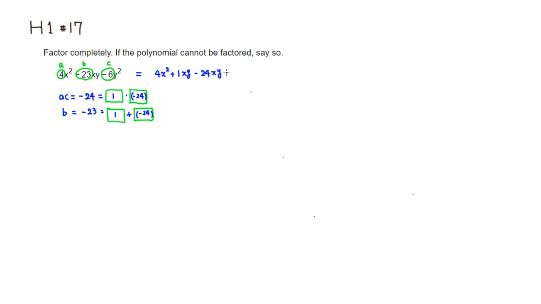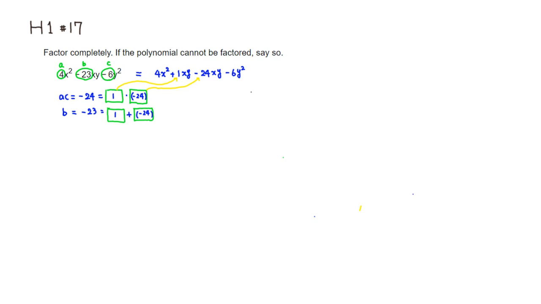And then the last term is exactly the same, negative 6y squared. All I did was take this number and put it here, take that number and put it there. That's all I did.